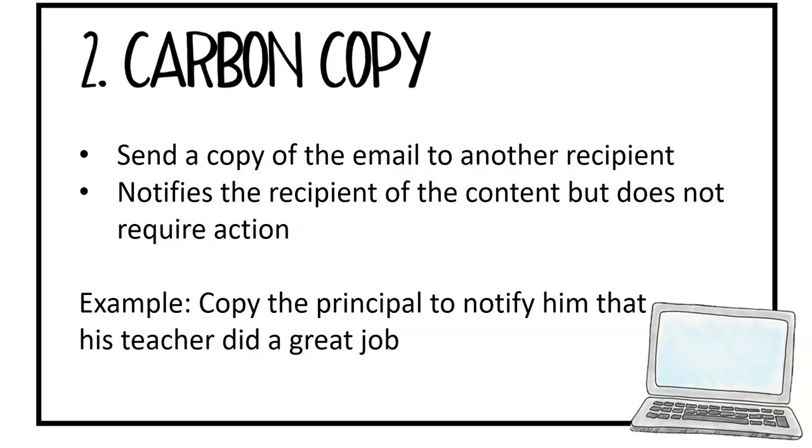So the example being that you're writing an email to me to thank me for being a great teacher, but you might CC Mr. Norman to let him know that you think that I'm great. So it's not necessarily saying, Mr. Norman, I need you to reply. It's saying, I want you to see that I'm sending this email. That's what CC means. And the person that you're sending it actually to, so remember you're sending it to me, I can see who you've CC'd. So I know that you've sent it to Mr. Norman.